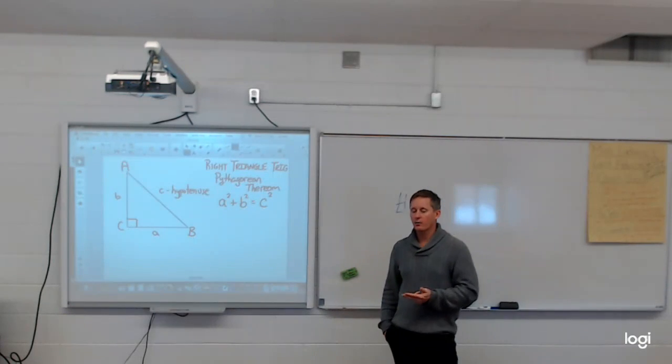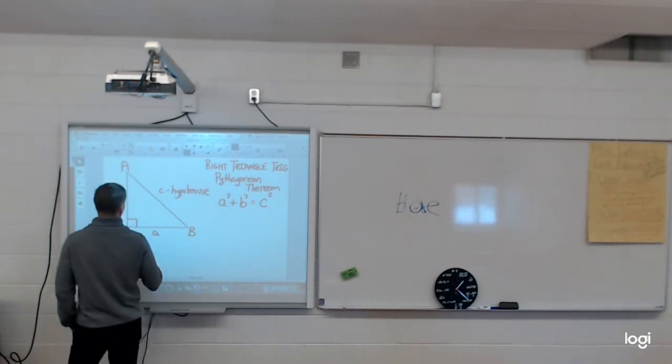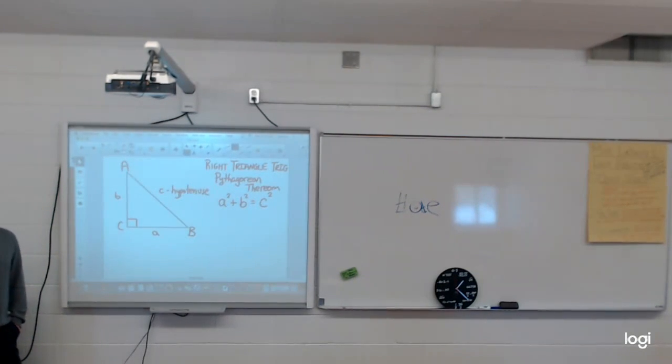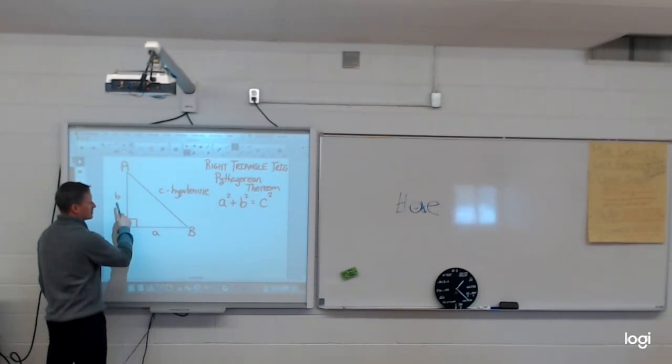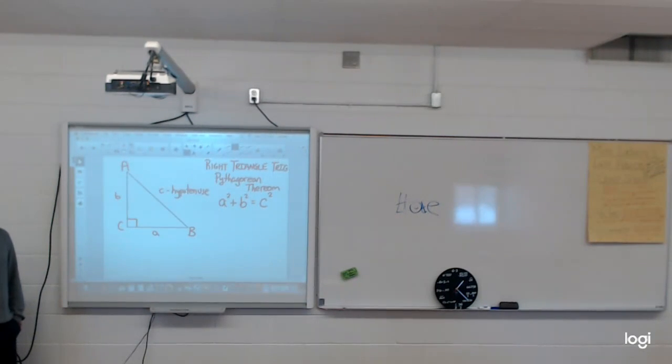What's the square root of 25? 5. So this is known as a 3-4-5 triangle because it's the lowest whole numbers that actually satisfy the Pythagorean theorem. So I always take the shorter lengths and square them, and they equal my hypotenuse length squared. So far, we're all okay, right?